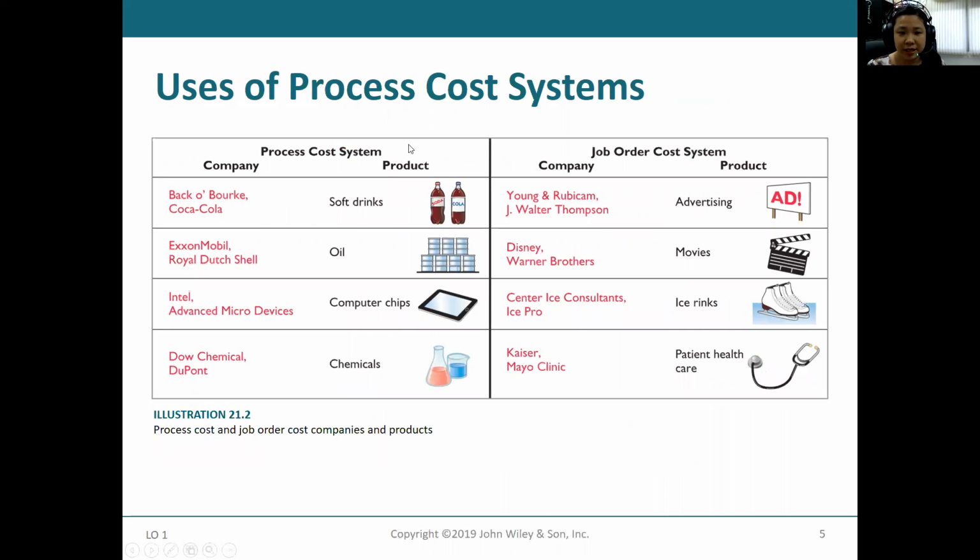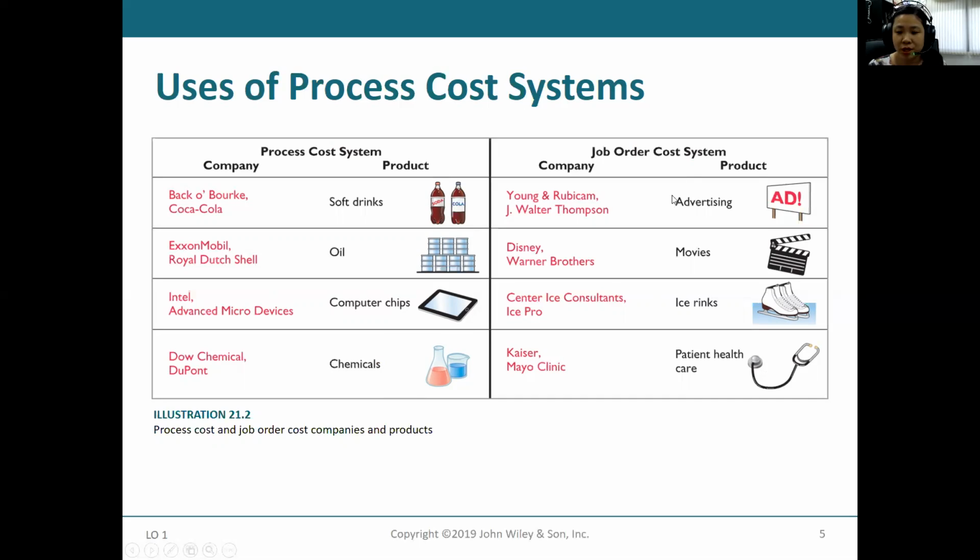Now let's look at the different products for the process cost system and the job order cost system. For the process cost system, remember we produce a large number of similar products like soft drinks, oil, computer chips, chemicals.